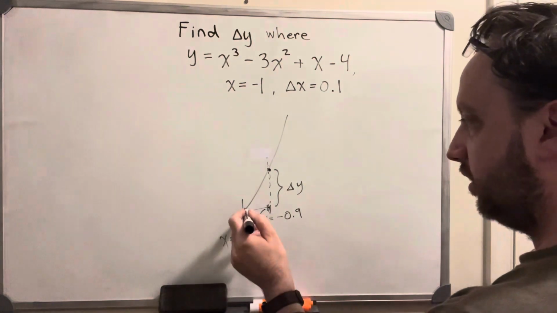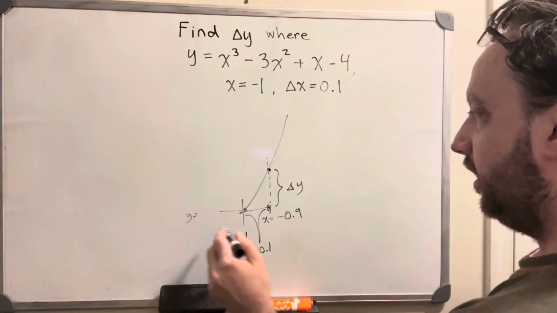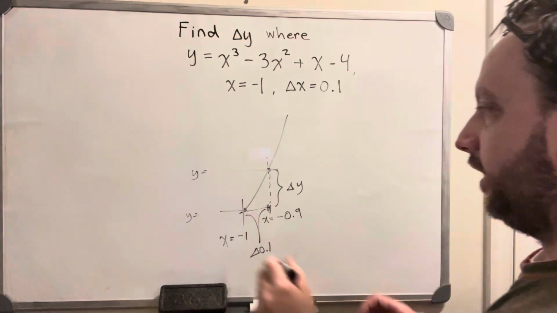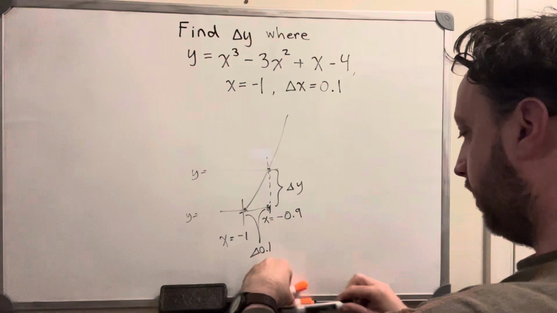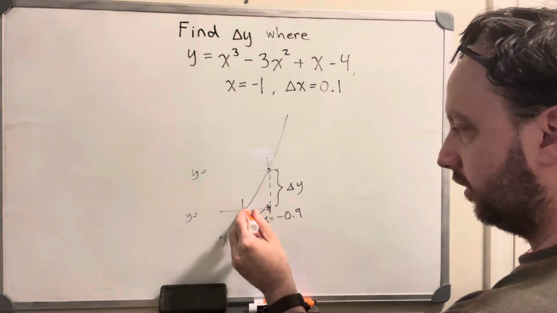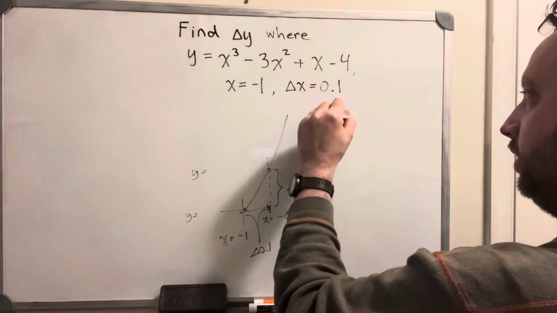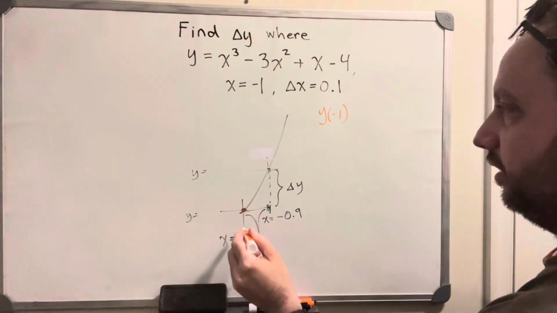We need to know the value of the function here and the value of the function right here. And we know the x value here. It's -1. So we need to know y of -1 for this spot right here.